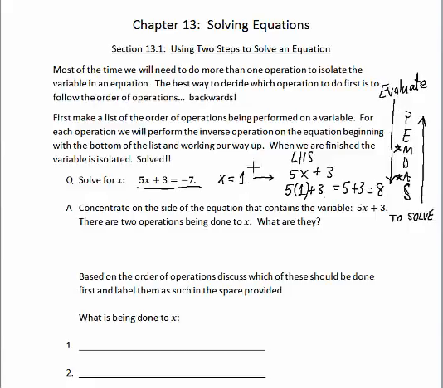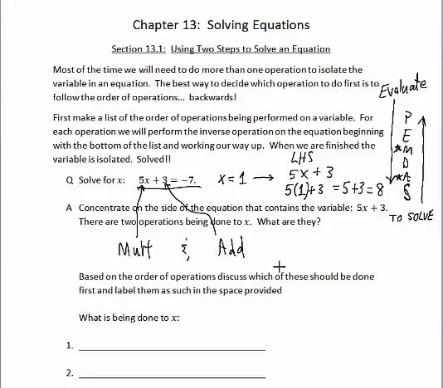So for right now, just to get used to doing things backwards, we're going to talk about what is happening to the variable. There were two operations, and what were they? Multiply and add. We multiplied by 5, and then we added 3.